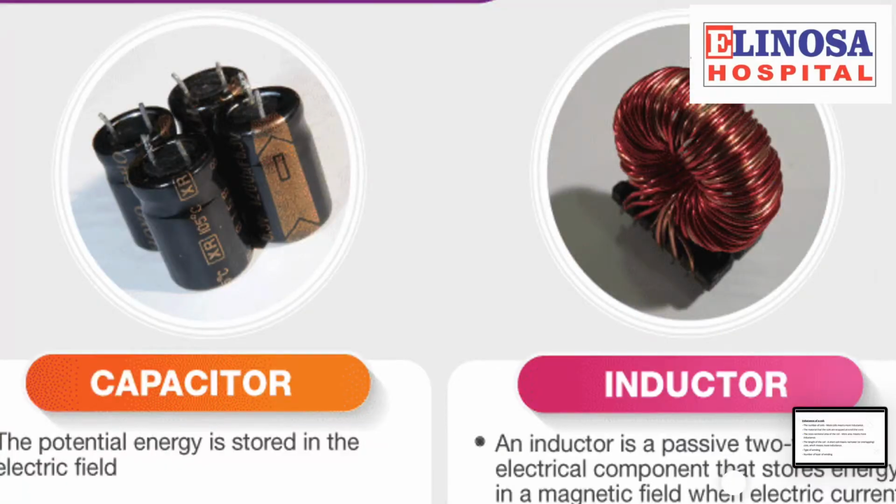Here you can see a diagram where a capacitor is shown, which stores energy in the form of an electric field, whereas in an inductor, you might have seen this in different electric devices. If you had a chance to open them, you can see something similar in a fan or in some TV circuits. Here energy is stored with the help of a magnetic field, that is the inductance.